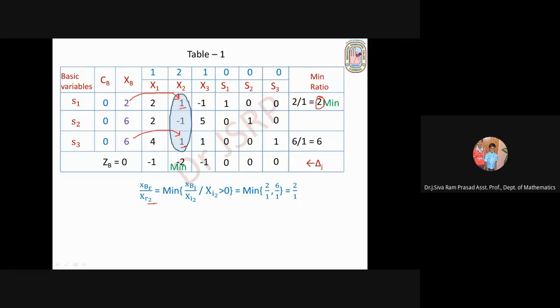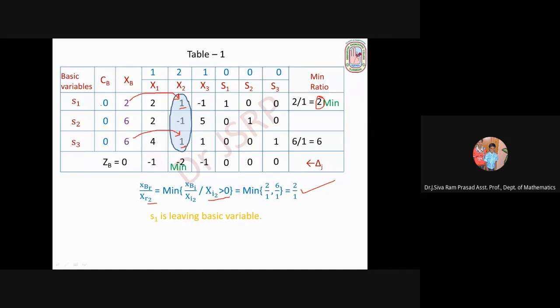XBr by Xrk, that is Xr2 equals minimum of XBi by Xi2 such that Xi2 greater than 0. We consider positive entries only and take the ratio corresponding with solution. So the minimum ratio is 2 by 1. The corresponding variable is S1. So S1 is the leaving basic variable. This is the mathematical notation of the minimum ratio test.